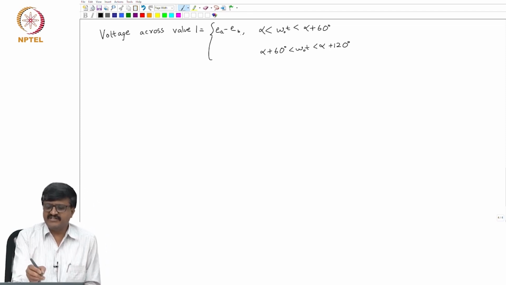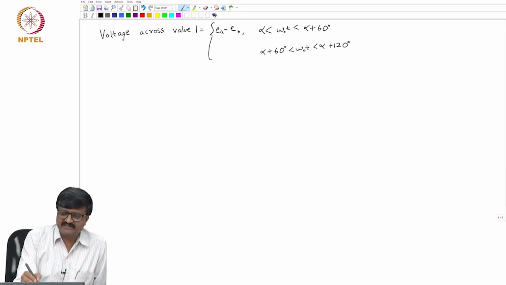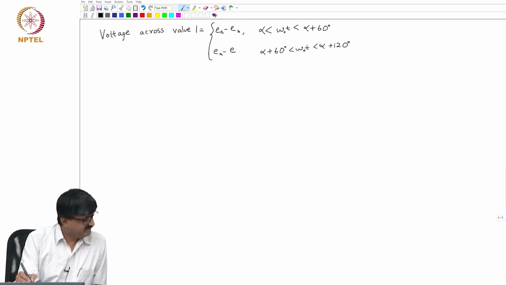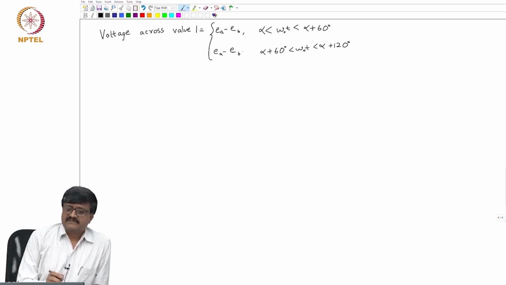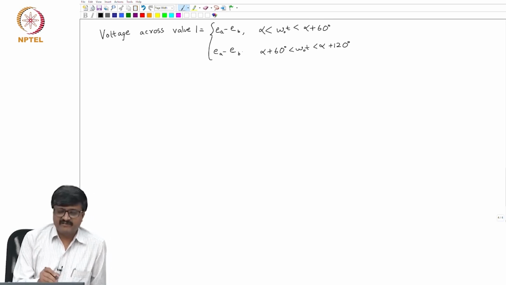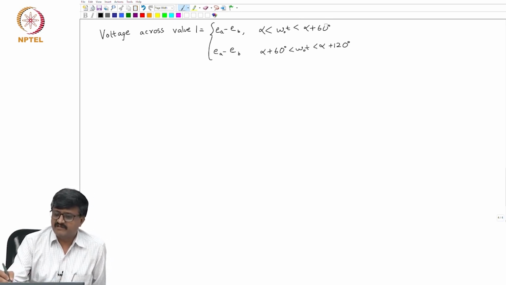And for alpha plus 60 degrees to alpha plus 120 degrees, we got the expression EA minus... For the first 2 intervals we actually got the same expression. I could have written it differently.